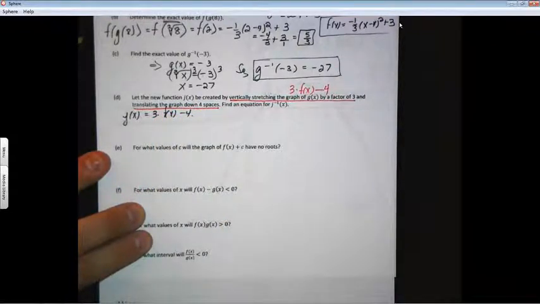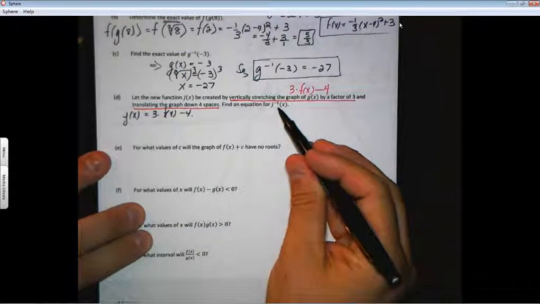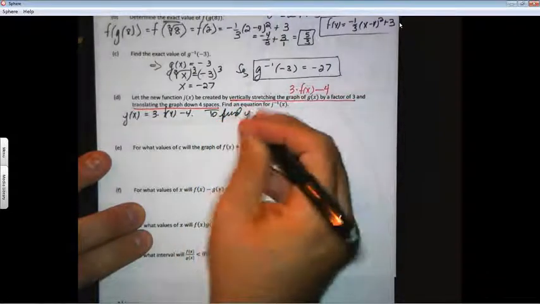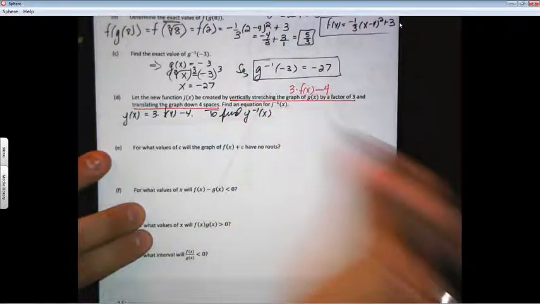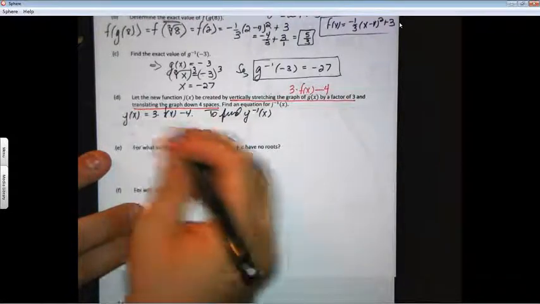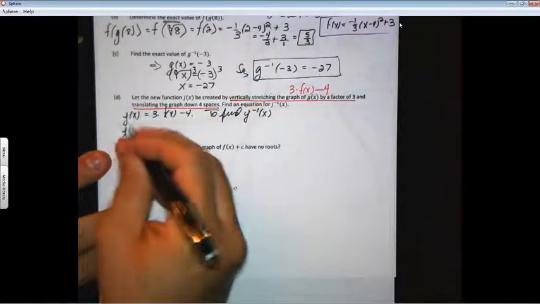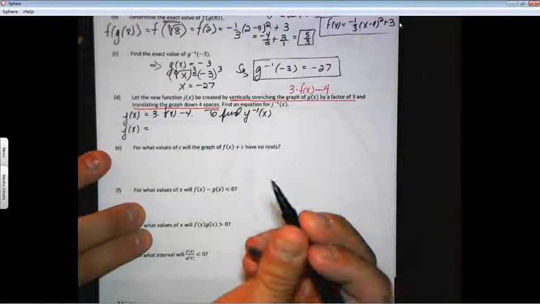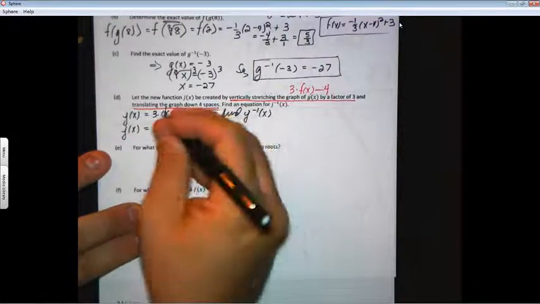And then translating the graph down 4 spaces. If I'm going to translate the graph down 4 spaces, what I'm going to have to do is subtract 4 from the function: 3 times f of x minus 4. That means that j of x is the new function 3 times f of x minus 4.